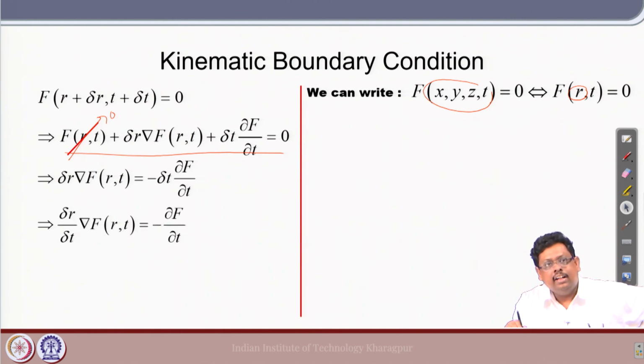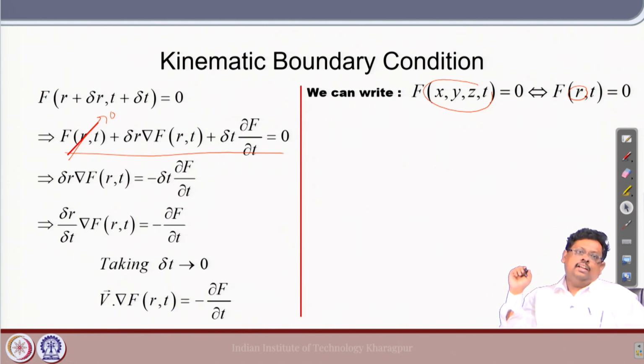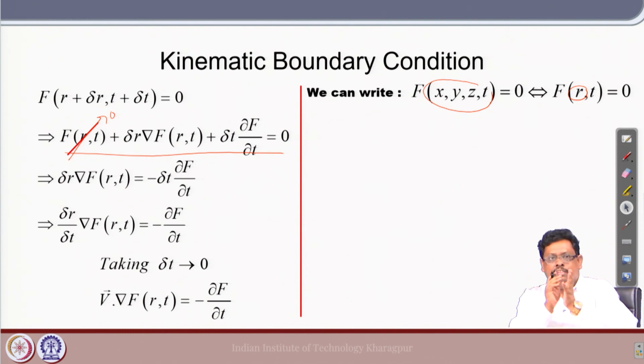If I divide throughout by delta t, I get (delta r/delta t) · grad f = −∂f/∂t. And so we find that V · grad f = −∂f/∂t. Now let us understand this concept.